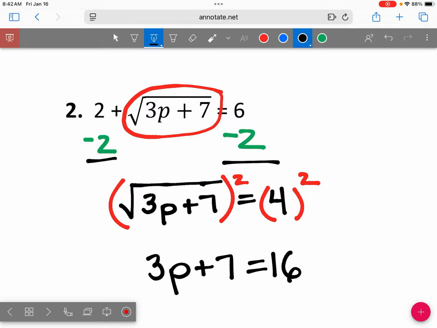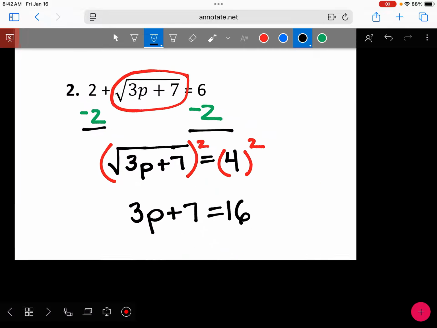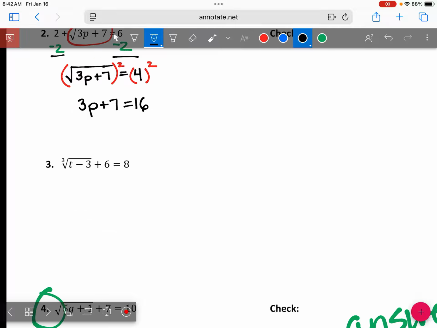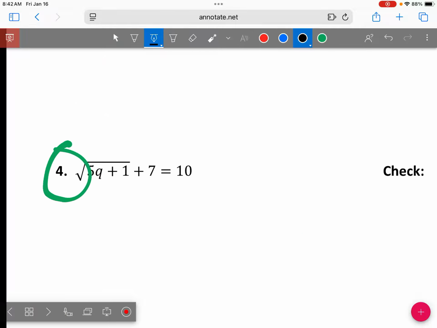Let's get started on number 4. What I want to tell you for number 4 is the answer is a fraction. Don't think you're wrong if you get a fraction. We'll do the whole thing together. So, do we have an imposter?